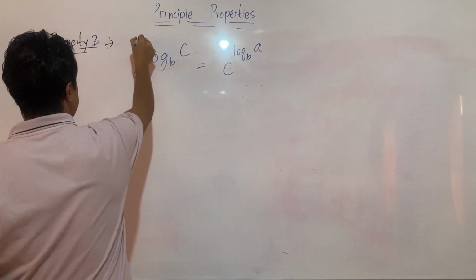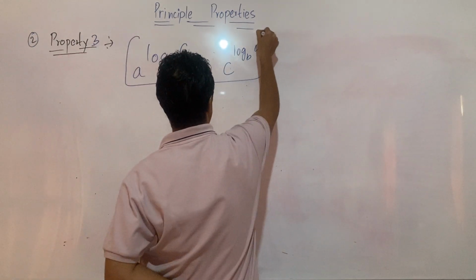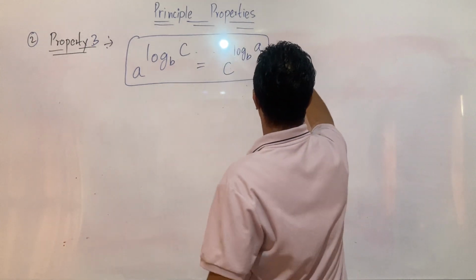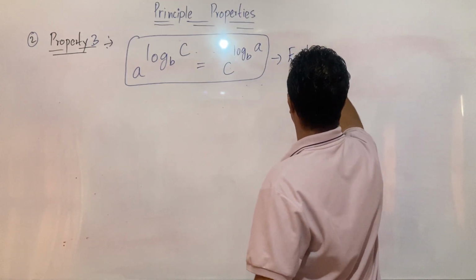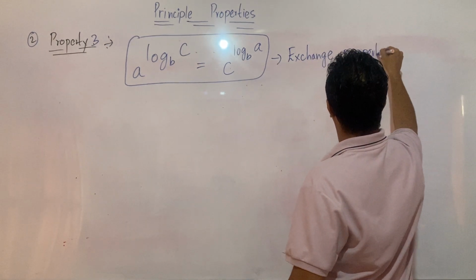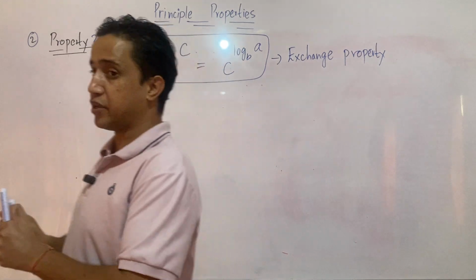Okay, so this is your property number 3, and this property is also known as the exchange property. Okay, now see here what's happening here.